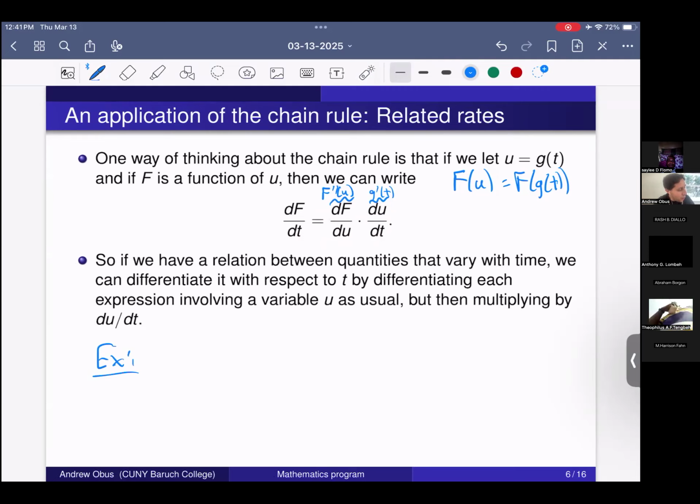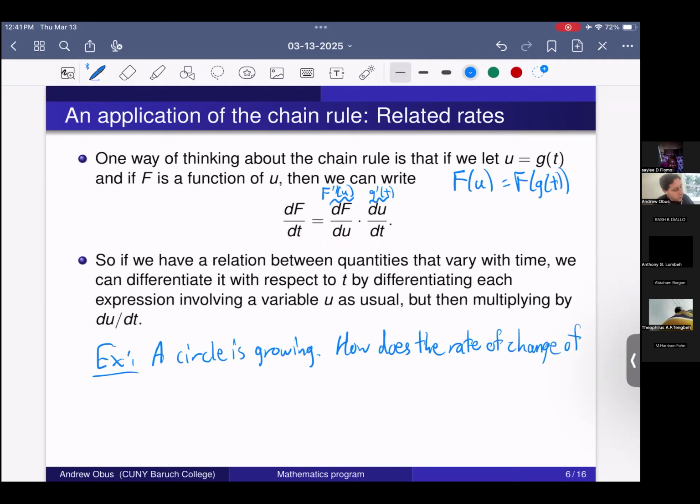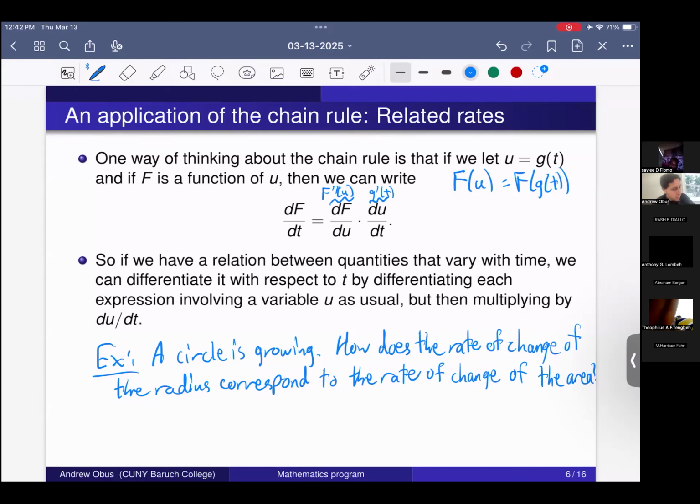Let's say that you have a circle that is growing. How does the rate of change of the radius correspond to the rate of change of the area?